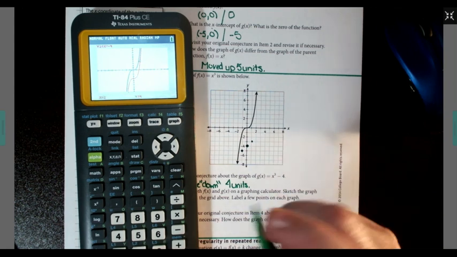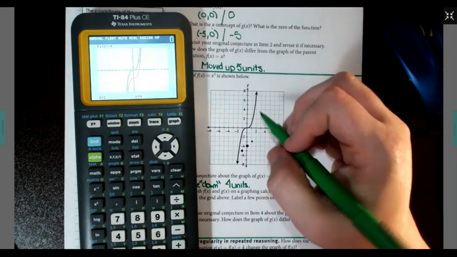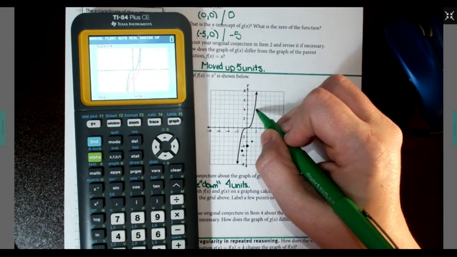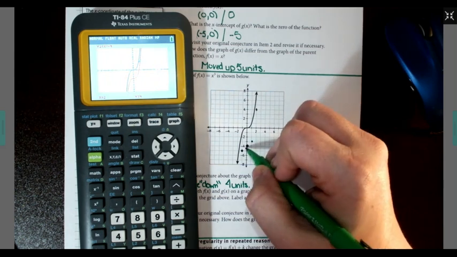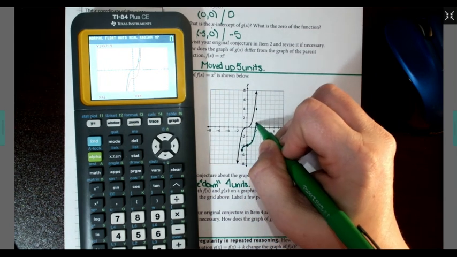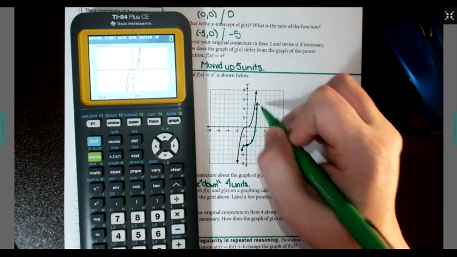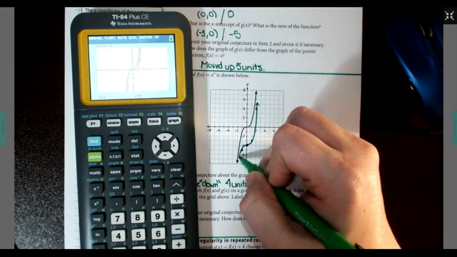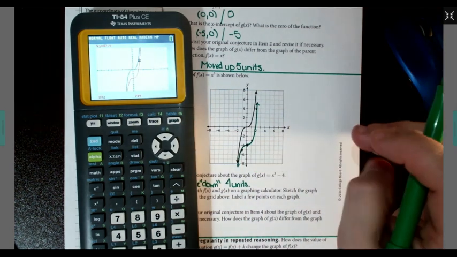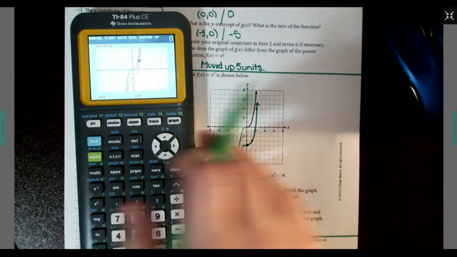Let's try 2. 2 is going to be 4. So it looks something like this.